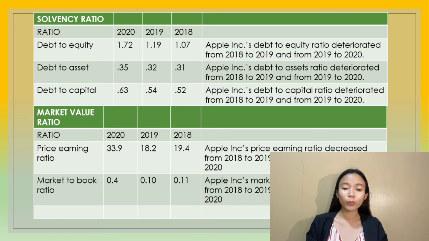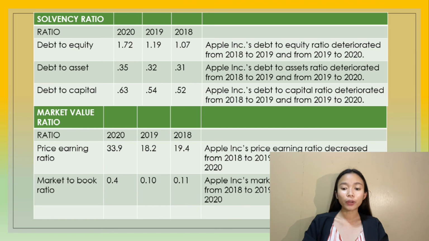So next one, we have the debt to asset. The debt to asset ratio of Apple deteriorated from 2018 to 2019 and from 2019 to 2020. We can see that the debt to asset ratio of Apple is less than 1, which means that it is highly leveraged.